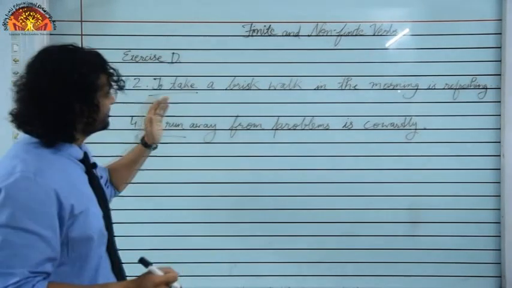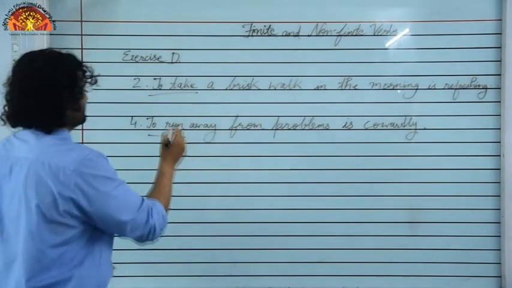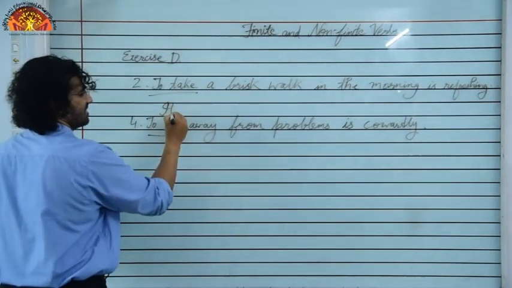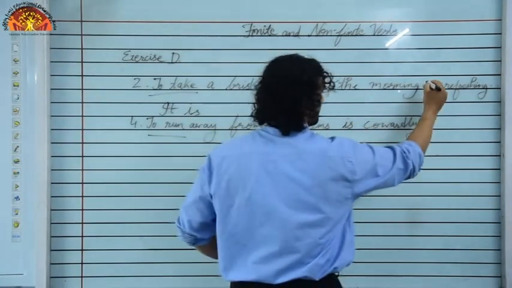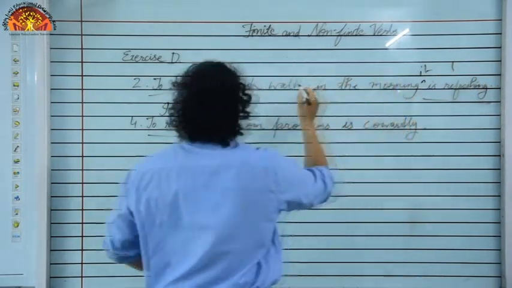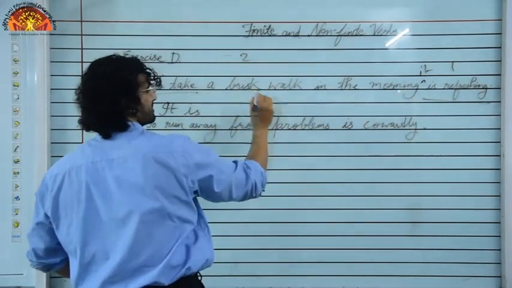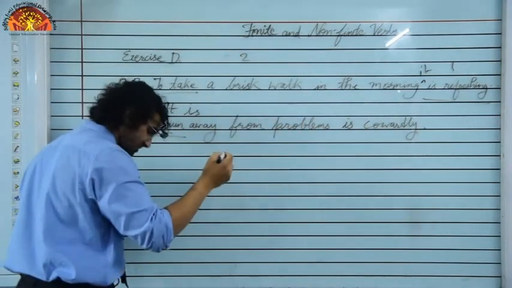To take a brisk walk in the morning is refreshing. We are going to do it like this: It is refreshing. This will become the first part, and this will become the second part. It is refreshing to take a brisk walk in the morning. So the sentence will look something like this.